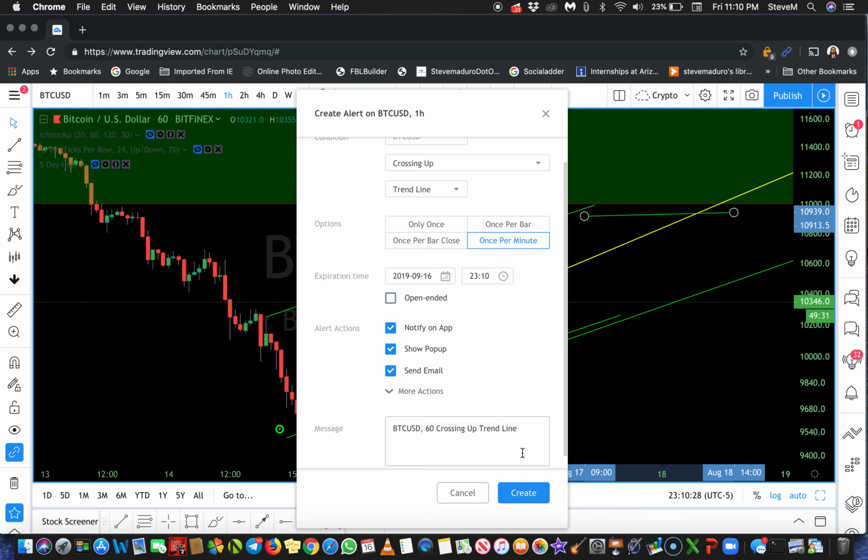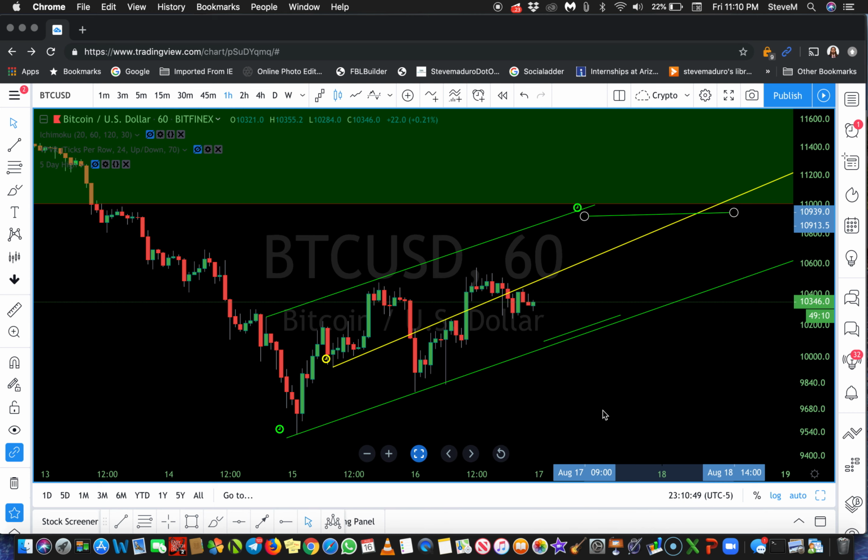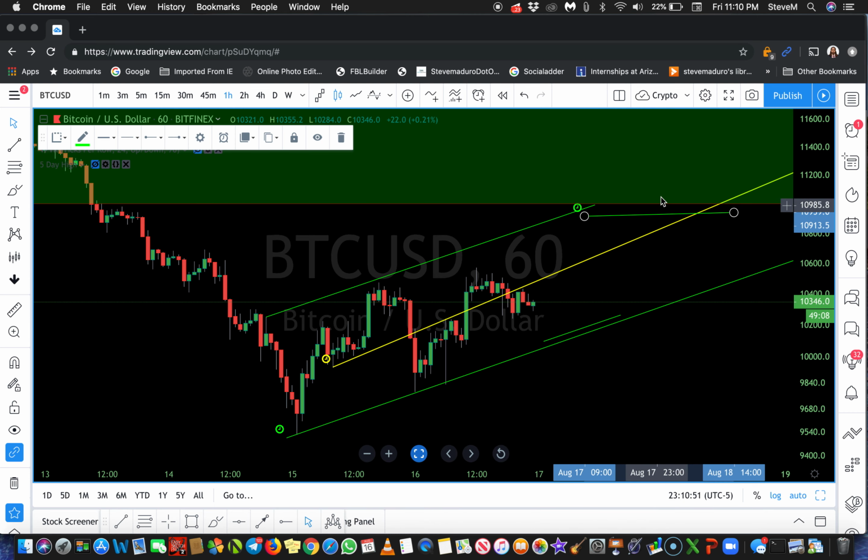And crossing up trend line, again approaching, well, it wouldn't be approaching sell limit area, supply zone for me. This is because it's approaching my supply zone.